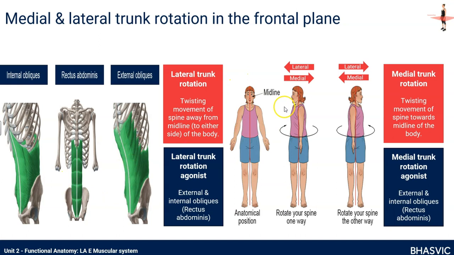Once you have turned sideways, you can rotate towards the midline to get back into your neutral position, and that would be medial rotation. If you turn the other way, that would also be medial rotation. Again, it would be those same muscles on the opposite side. So lateral is rotating sideways towards the side, medial is rotating towards the midline.